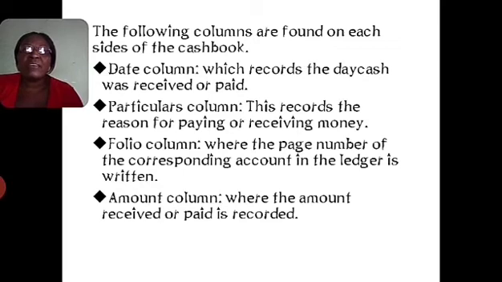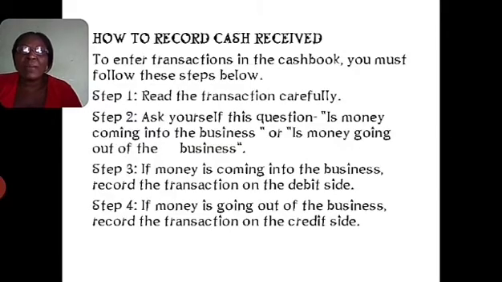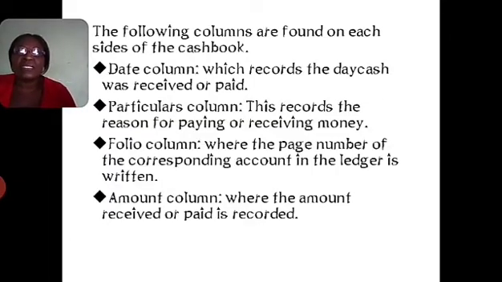This records the reason for paying or receiving money. Then the third column is the folio column, where the page number of the corresponding account in the ledger is written. Then amount column, where the amounts received or paid are written. So what is obtained at the right side is also obtained at the left hand side.